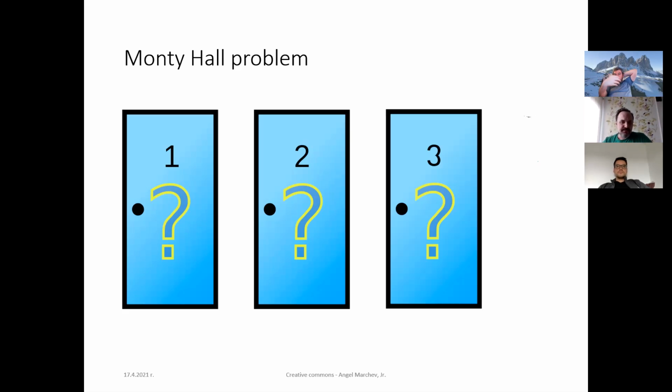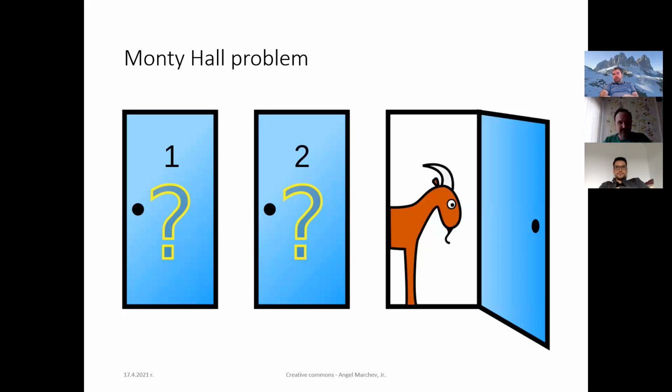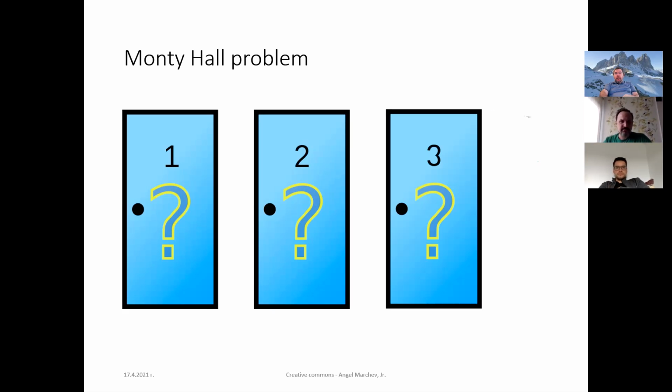Then the TV show host, Monty Hall, by the way, is his name, first hears your choice, then opens one of the other doors.